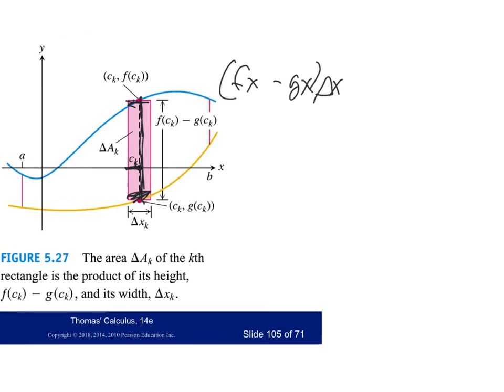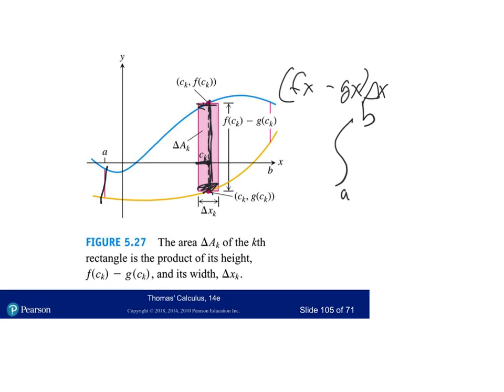In terms of calculus, it's from A to B, because I'm starting at A and ending at B. So I'm going to take the limit of the sum of all these rectangles.